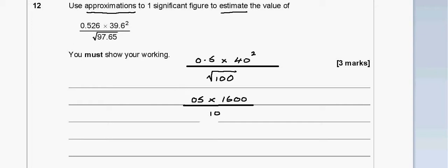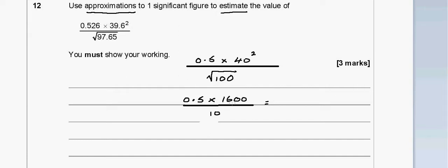Sorry, that should be 0.5. So 0.5 multiplied by 1600. So what we're saying is 1600 halves.